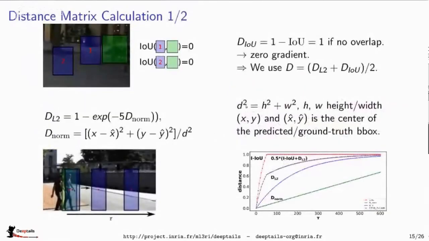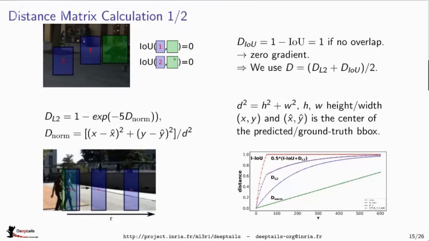So first, we describe here how a distance matrix is calculated. In the community, we use a lot of IOU to calculate the distance between two bounding boxes. Like in this example, the green one is the ground truth bounding box, and these two blue ones are predicted bounding boxes in the case of DeepMOT training, or the noisy detections in the case of DHN data preparation.